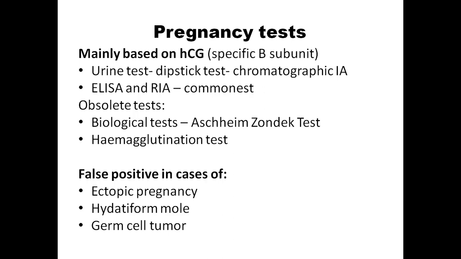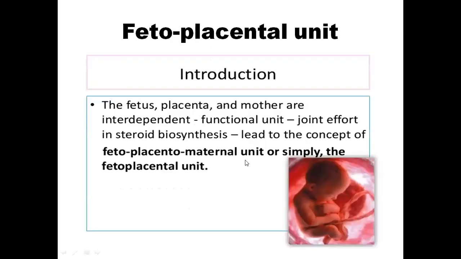Hydatidiform mole, where a large number of such chorionic villi are formed due to some improper pregnancy. Only the chorions, and there is no fetus as such, but they are producing HCG, this in situ trophoblast, so it comes positive, and also many of the germ cell tumors. So we must be very sure about the pregnancy.